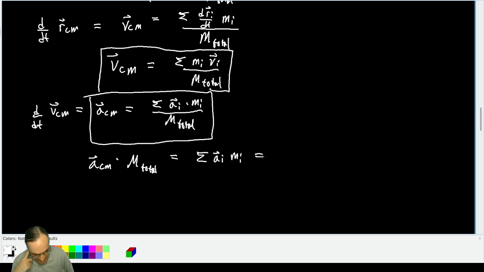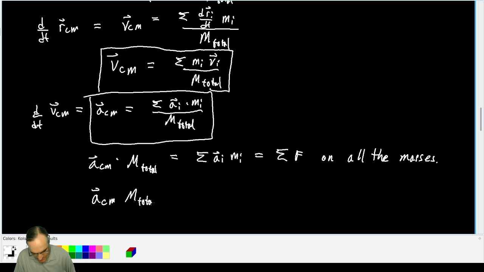And it turns out that that is equal to the net force on all the masses. Okay, so that is another result, and that one we need to talk about.